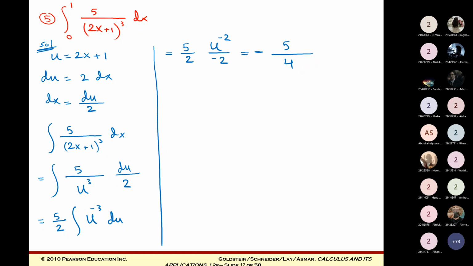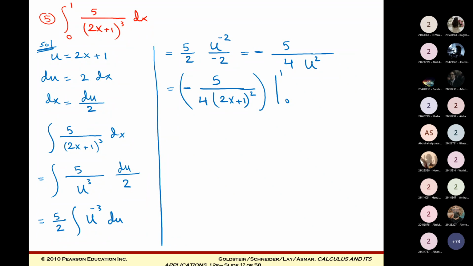We have 5 over 4 after multiplying the 2 with 2, and put u in the denominator. Okay, like this. So we have negative 5 over 4 multiplied by u squared, where u equals 2x plus 1. Okay, now we need to substitute 1 and 0.